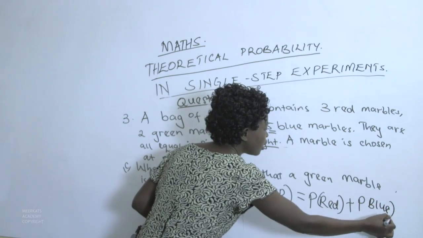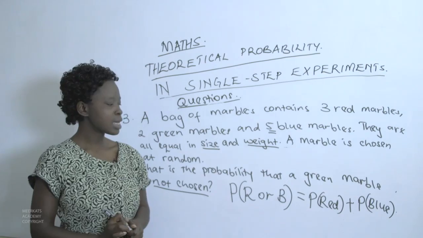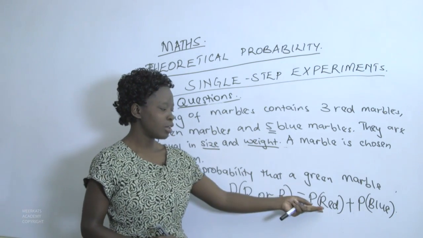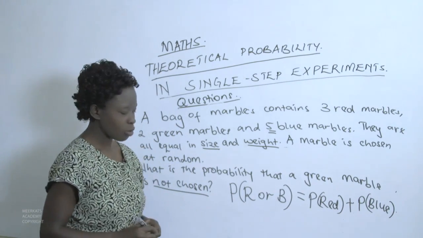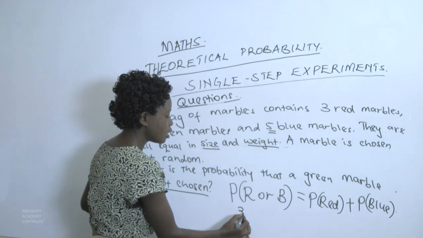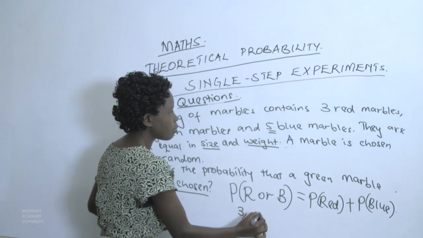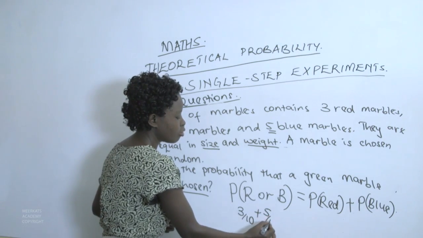And we find that in the first and second parts of the question, we've already obtained the probability of choosing red and the probability of choosing blue. The probability of choosing red was 3 out of 10. Then the probability of choosing blue is 5 out of 10.